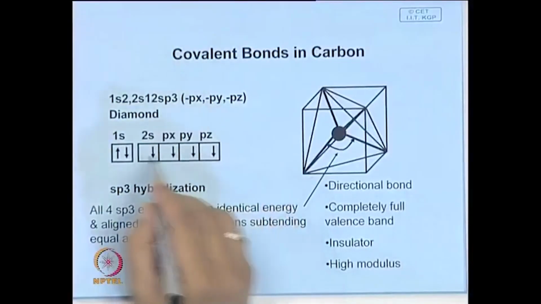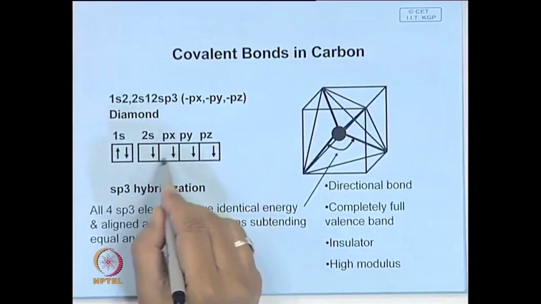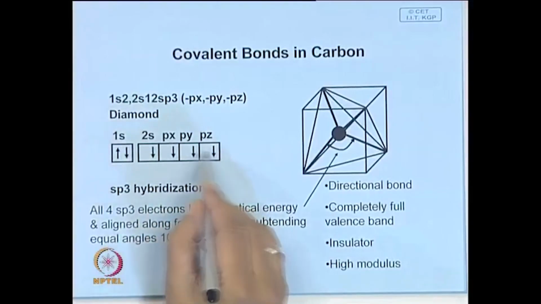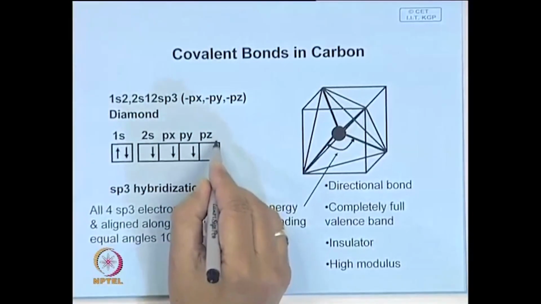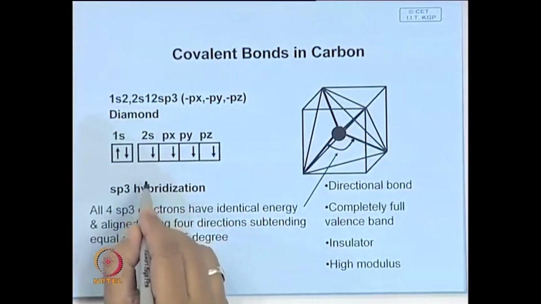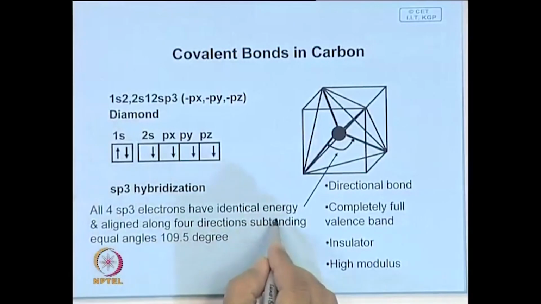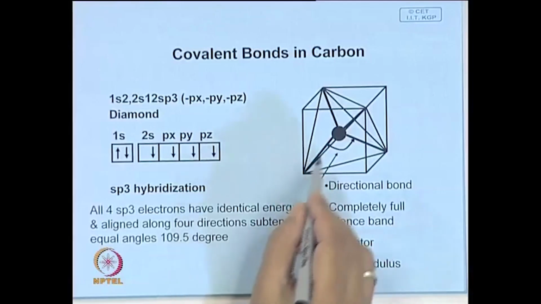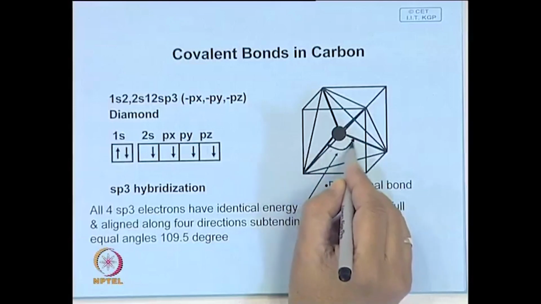As it was said, if the orbit is half full, that means there are 4 electrons in the outer orbit, all have parallel spin. In this case, we call this orbit a hybridized orbit, and all 4 electrons in this orbit have identical energy. So, if you try to arrange this in solid, these bonds will be subtending equal angle.